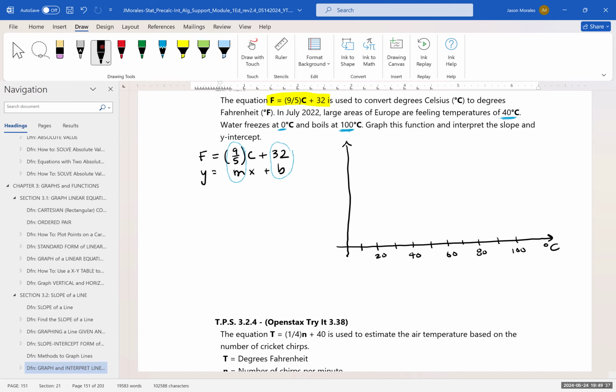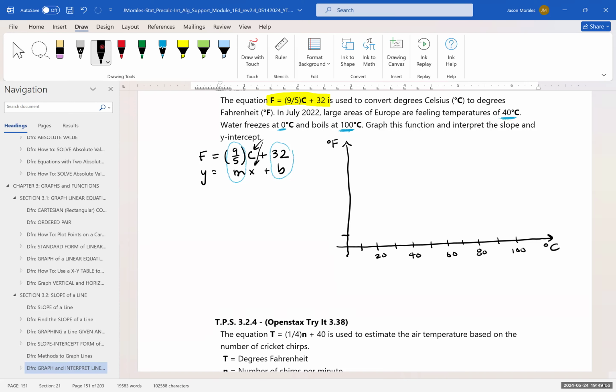So this is my independent variable, which is usually where the x-axis is. And on my vertical axis, that's the dependent variable. This is going to be degrees Fahrenheit. And I'm going to label this in increments of 30 instead of 10.